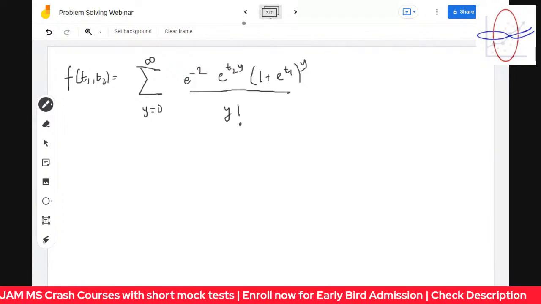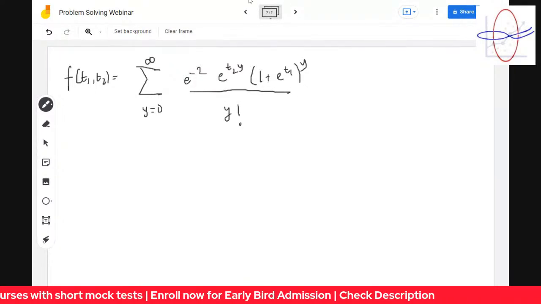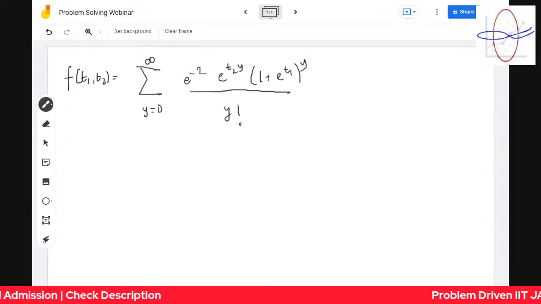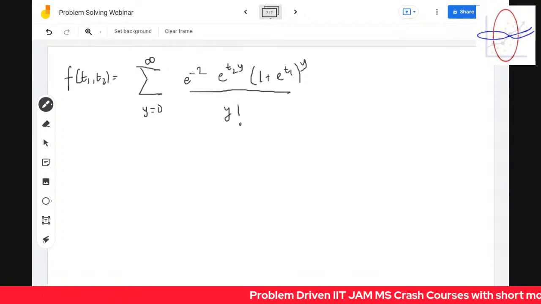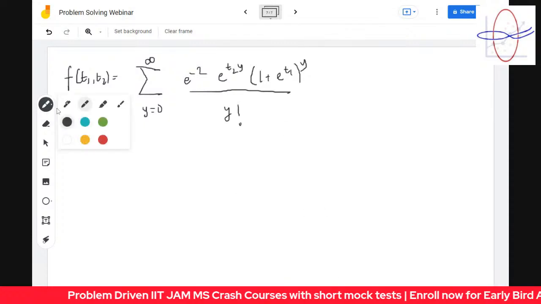Good. So let's try to map this to something you know. Mansi already gave an idea that maybe it's related to Poisson. Let's see if it is.